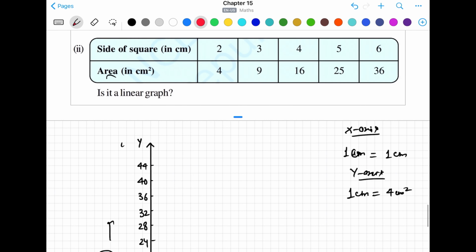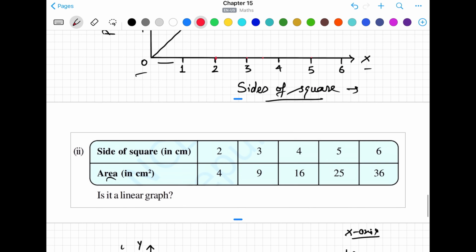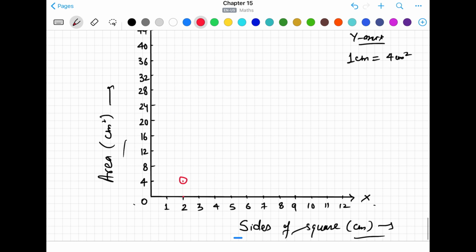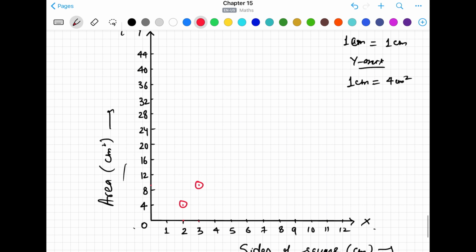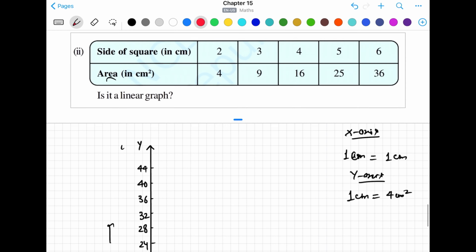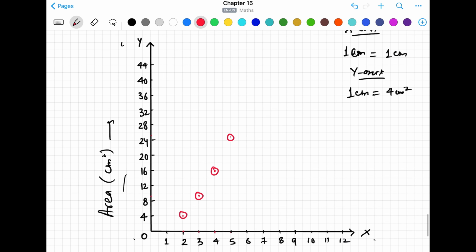Let's mark the points now. When the side is 2, the area is 4. When the side is 3, the area is 9, somewhere here. For side 4, the area is 16. For side 5, the area is 25, which will be slightly above 24, somewhere here.